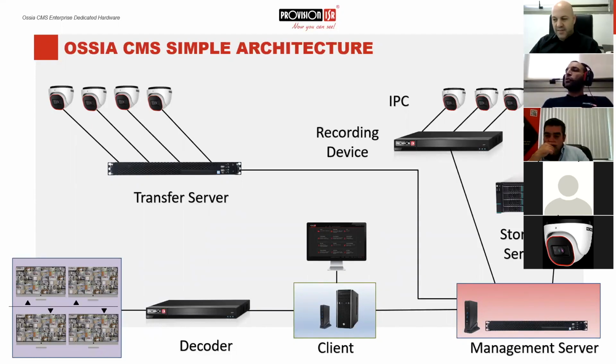So I just want to make something clear. Even though we are talking about Ossia VMS hardware, embedded hardware, I still want to clarify that everything that you see here, except the decoder, can be installed on your own hardware. Meaning, if you have a server in-house, you can install the management server, the storage server, and the transfer server on it.